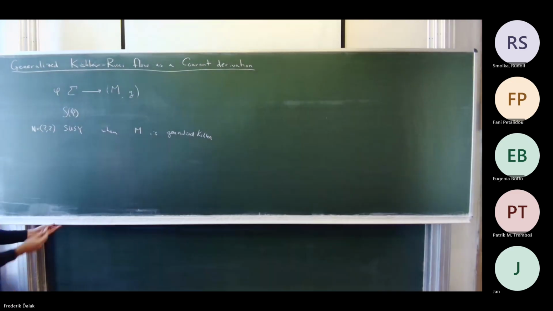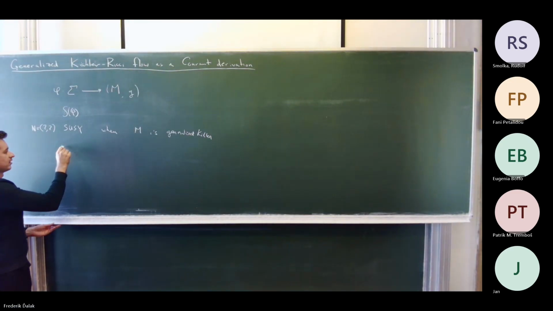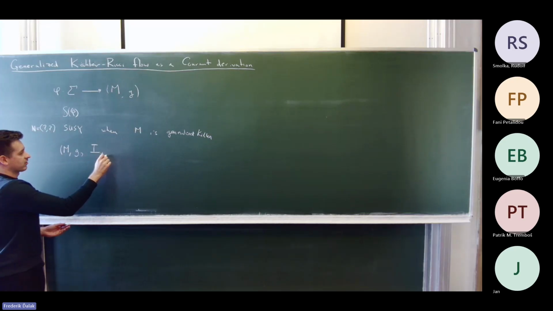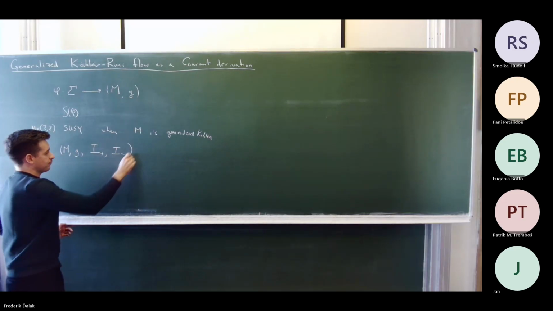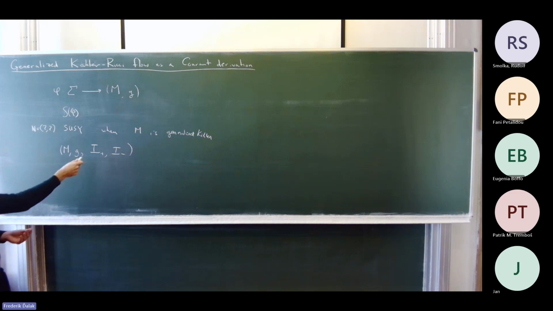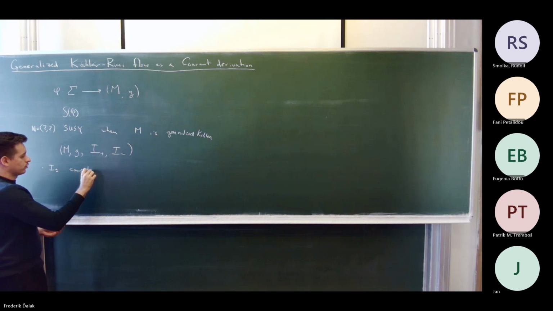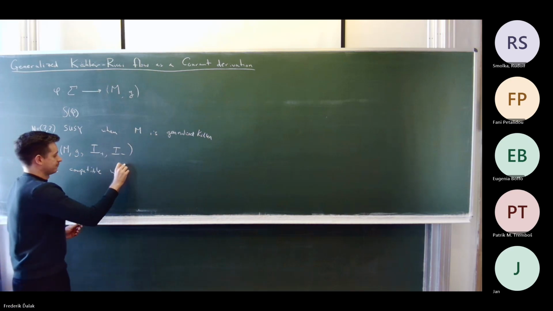This means that you have M and G, and in addition, a pair of complex structures which are compatible with G, and Hermitian structures.